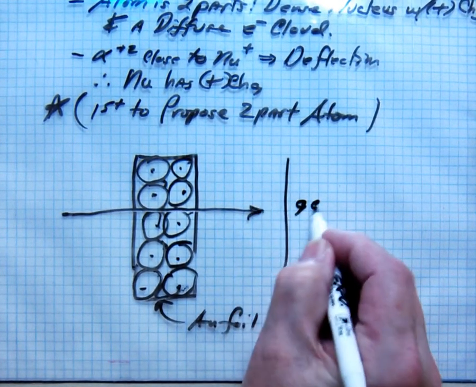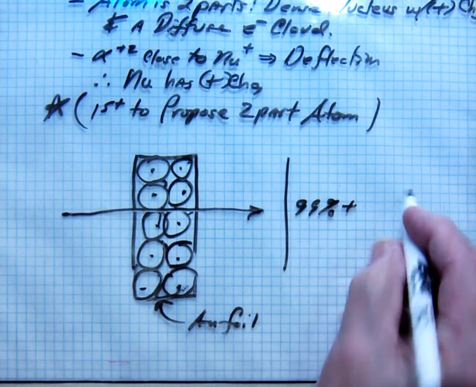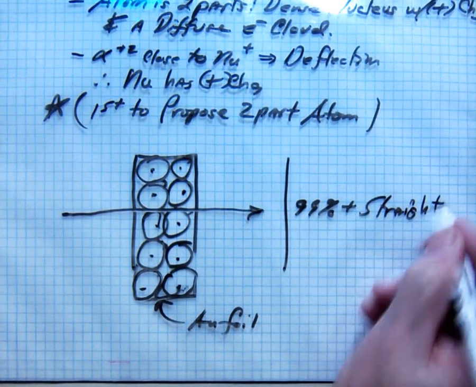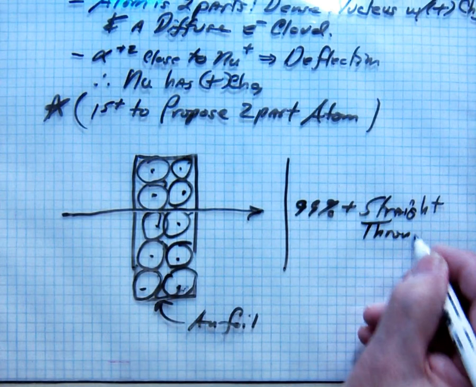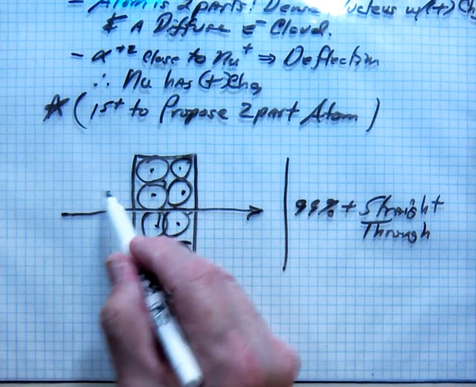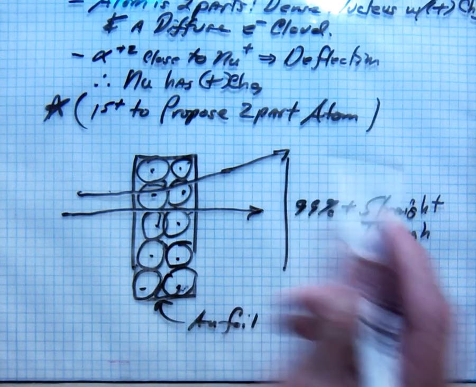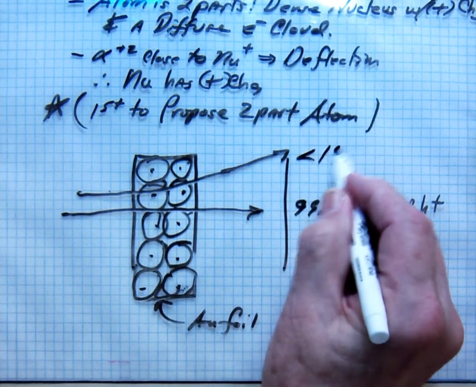About 99% plus straight through. Then they have a diagram that shows a slight obtuse deflection, less than 1% deflected.